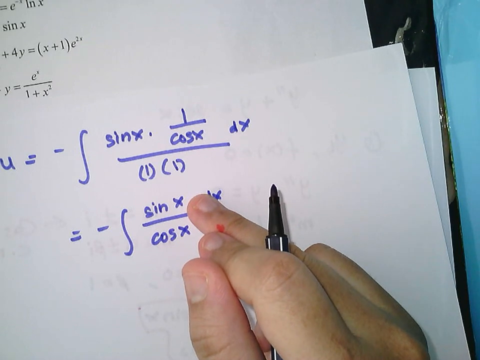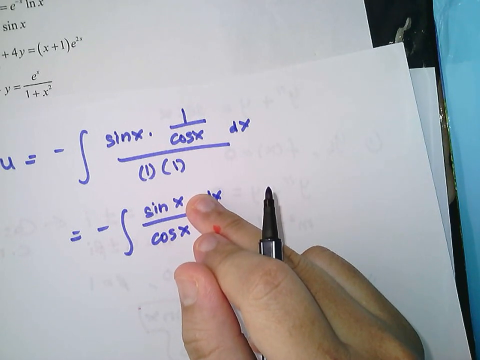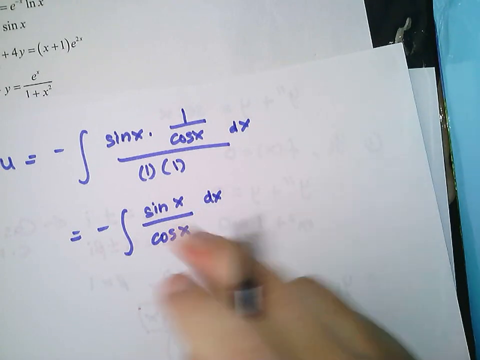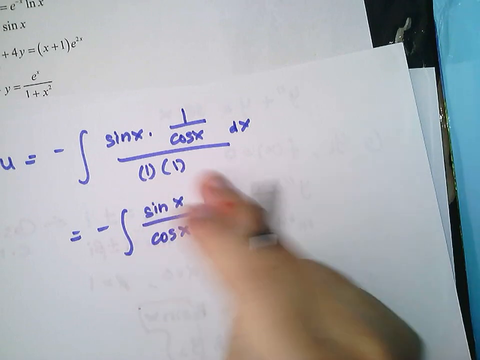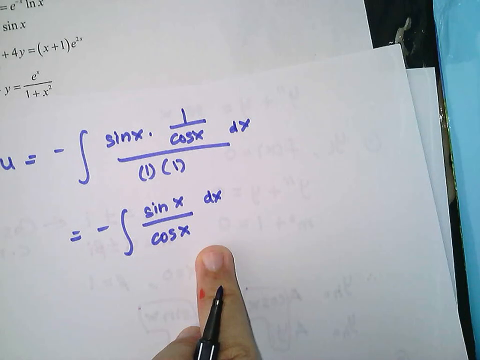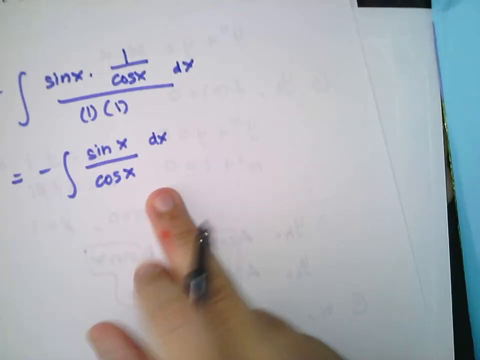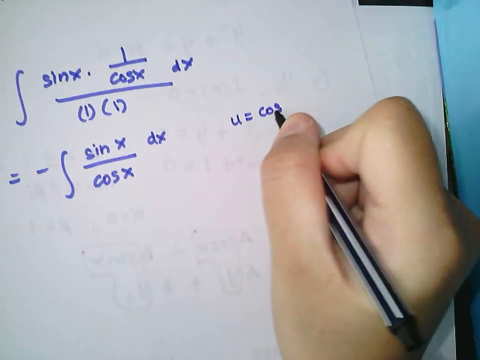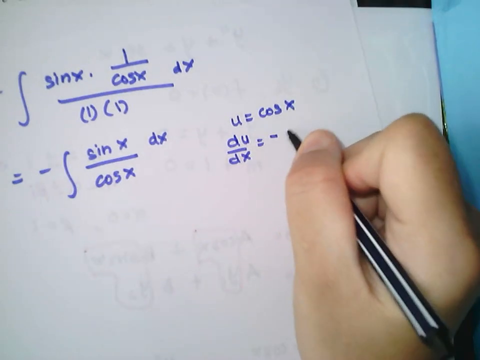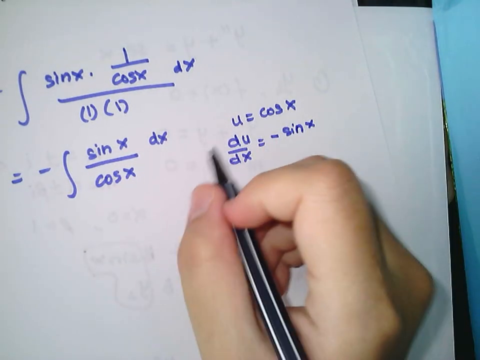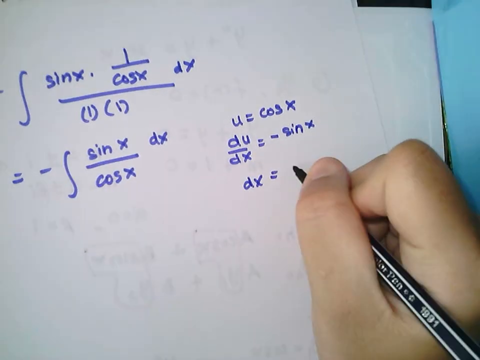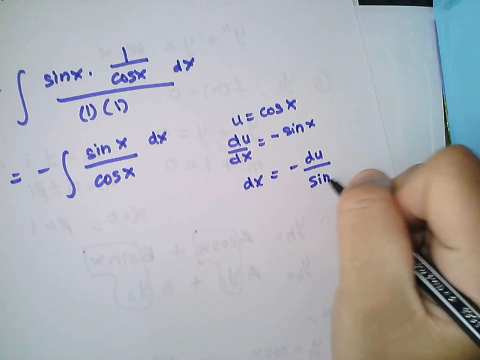You have to use a technique of integration. When you involve a fraction, it's either substitution or partial fraction, but this is not a polynomial, so you cannot use partial fraction. So you are going to use substitution. By letting u is equal to cos x, du/dx is equal to negative sin x. So dx as the subject will give you negative du over sin x.